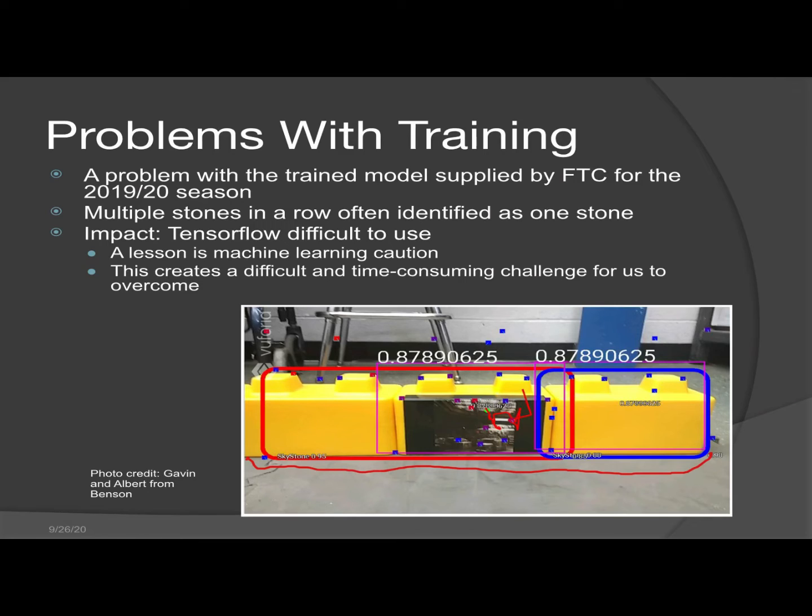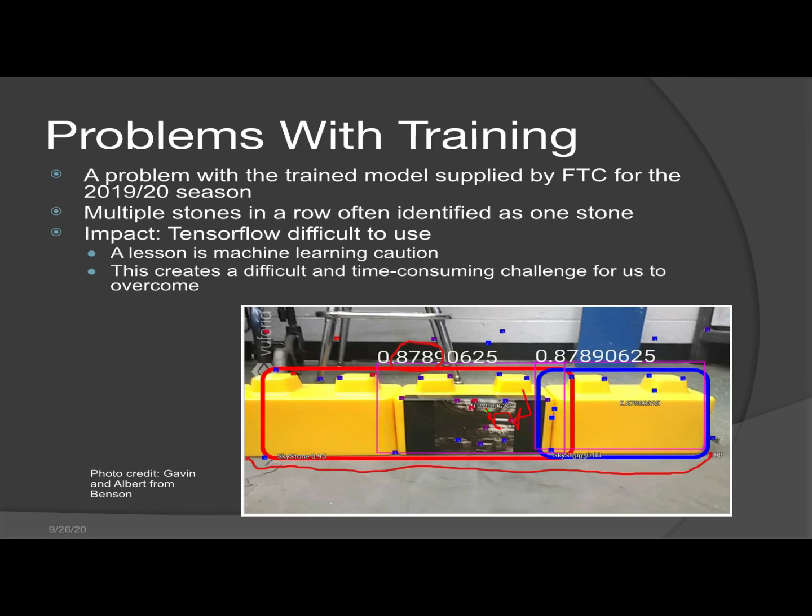And here it sees a plain stone and then a Skystone, but the object detector is telling us that it is a single stone, and it's telling us it is that with an 88% confidence. It's not lying, it's just wrong. And so that is something that can occur.